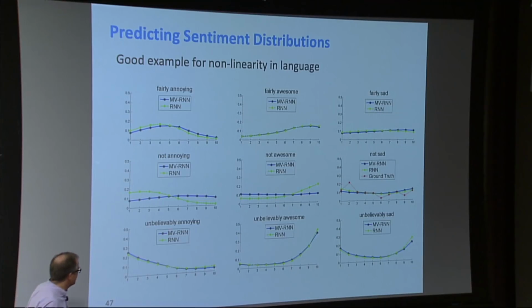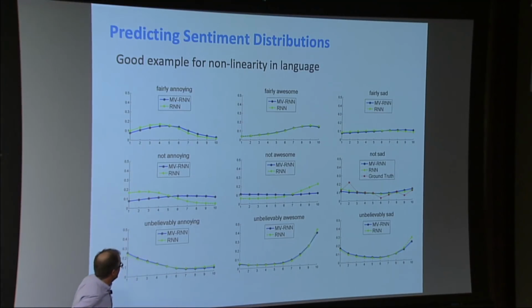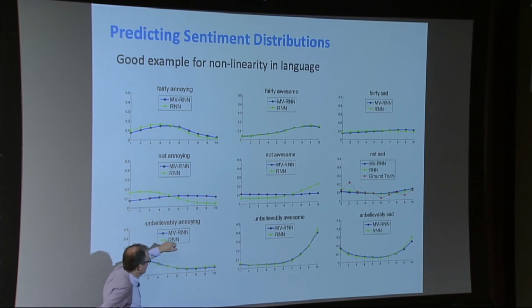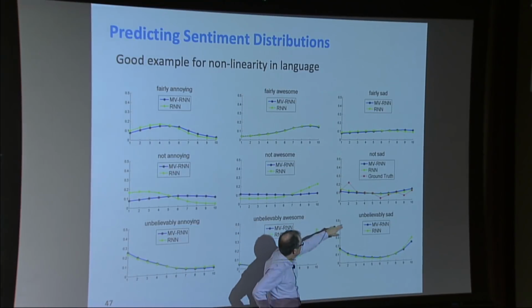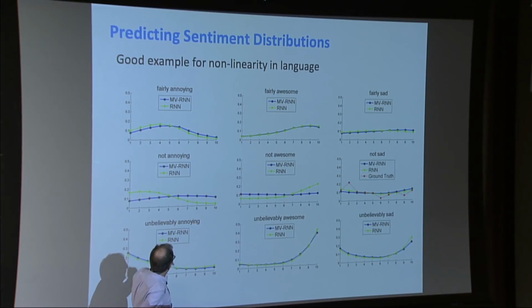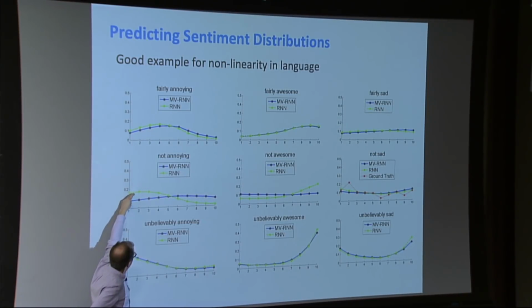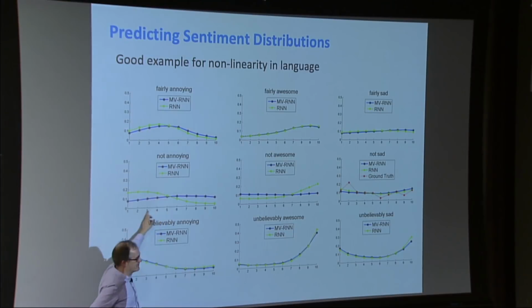So here's a neat thing that we were able to do with this. We wanted to be able to work out the semantics of an operator modifying another word. So: unbelievably annoying, unbelievably awesome, unbelievably sad, not annoying, not awesome, not sad. And this was contrasting our old model versus the new model. And this scale is a scale of positive to negative.